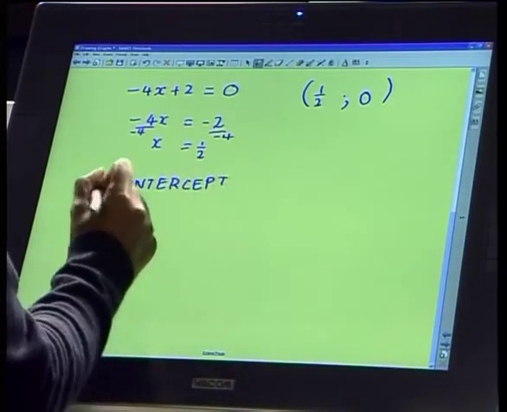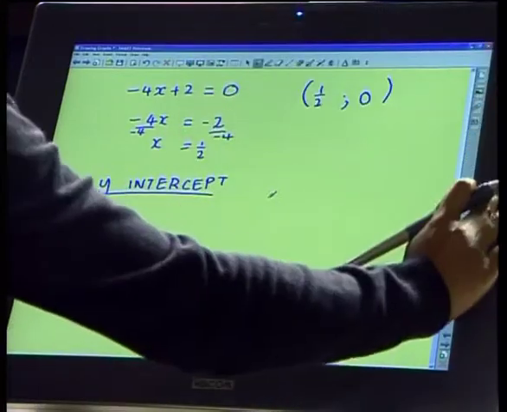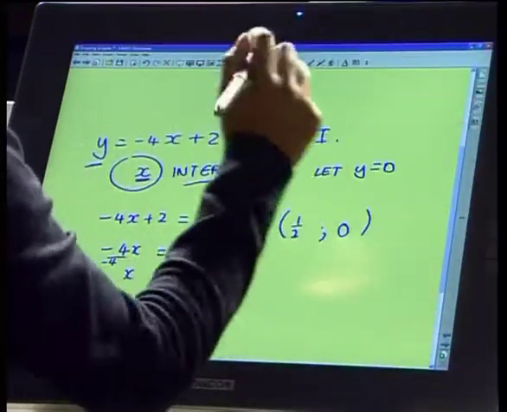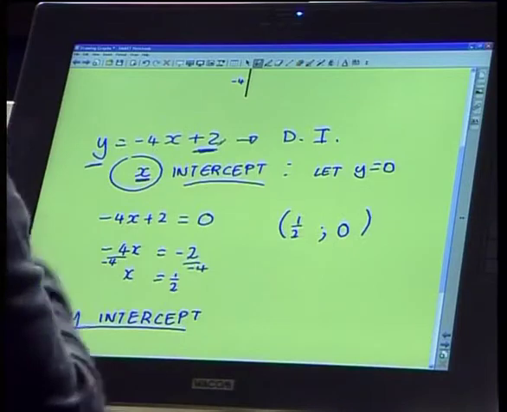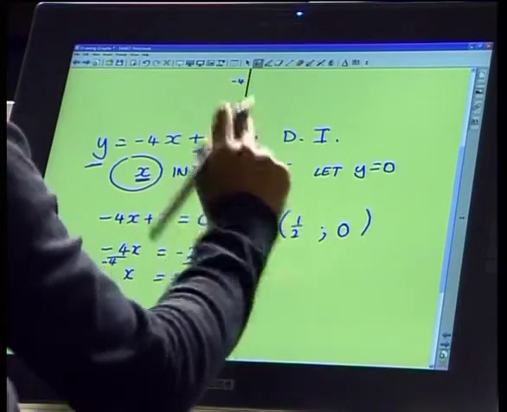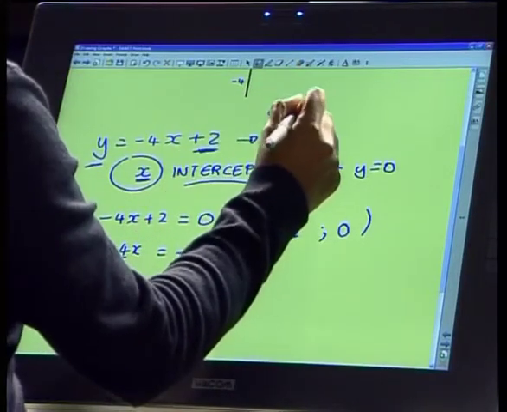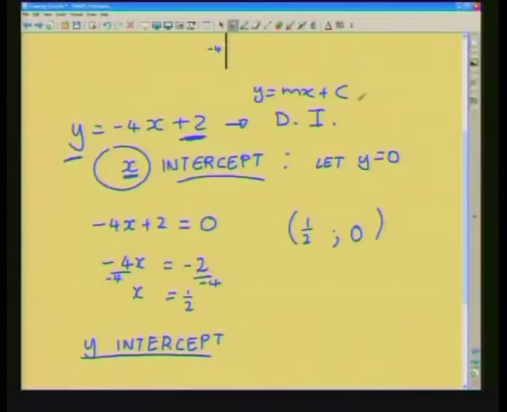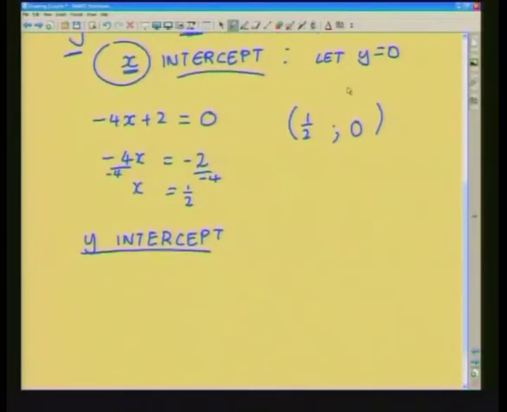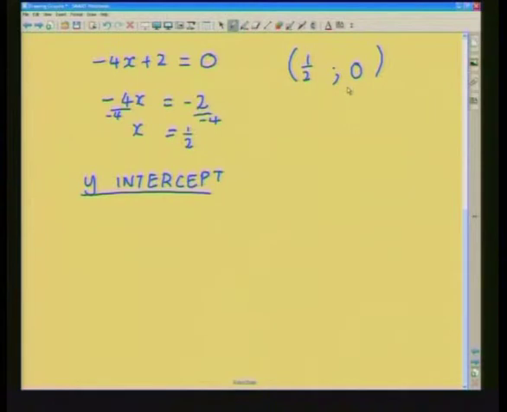So this, remember, is where it cuts the y-axis. If you are awake and you were listening, you would already know that the y-intercept is 2, because I have shown you previously from y is equal to mx plus c that c stands for the y-intercept. So we can see it immediately, but let's go through the process of getting there. To find the y-intercept, remember it's any value along the y-axis.